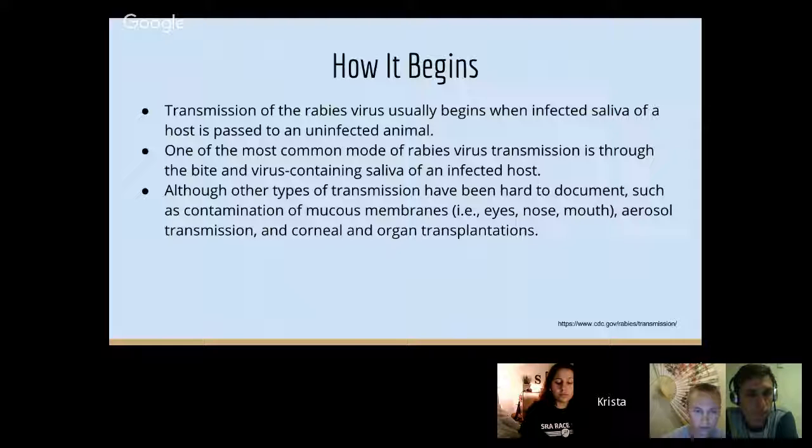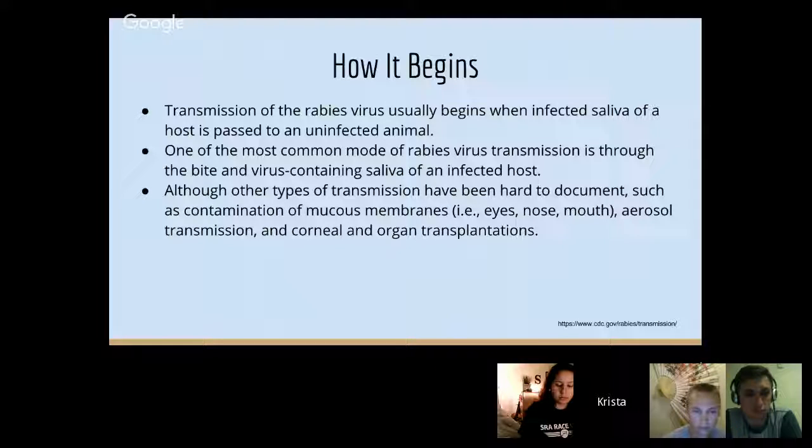Although there are types of transmission that have been harder to document, such as the contamination of the mucous membranes, so the eyes, the nose, the mouth, and then aerosol transmission, and the corneal and organ transplants that were discussed before, which make it possible to transfer from human to human.